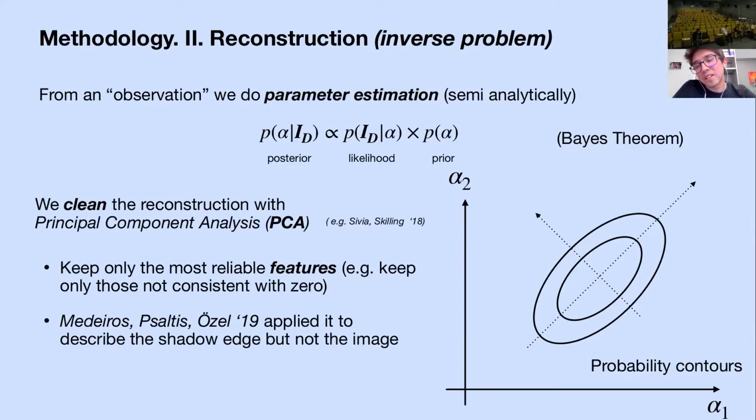That is, one can use the eigenvectors of the Fisher matrix to identify those combinations of parameters that have uncorrelated errors, and keep only those combinations of parameters that have a coefficient in front that is not consistent with 0 with respect to some statistical error. This technique, the principal component analysis, has been applied before to describe the shadow edge by these authors. But in this work, we're trying to describe the whole image, that is the whole intensity profile.